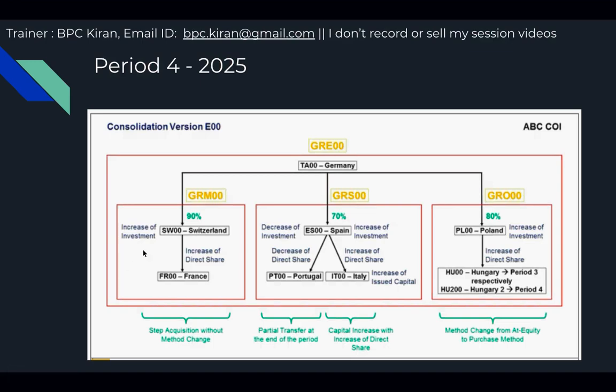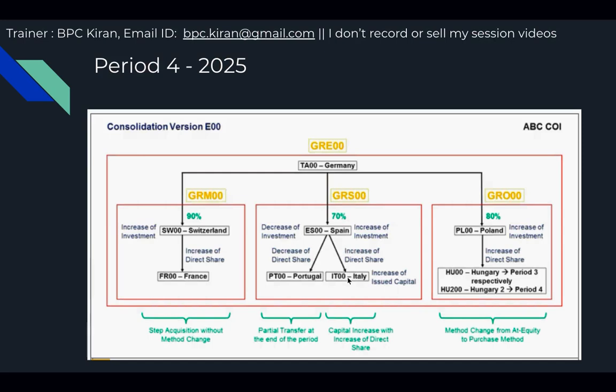When you are increasing the investment, you are increasing the direct share. That's what is called a step acquisition. We are going to learn how the step acquisition is handled using both ABC and rule-based. Now here, I have Spain investment in Portugal, Spain investment in Italy.